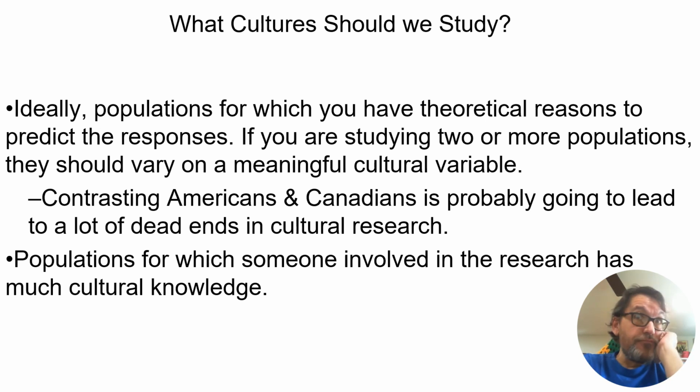And you want to grab populations that you have a reason to believe there should be a difference, not just "what if" research. And on top of that, you ought to have at least somebody on your research team that has some pretty intimate familiarity with the culture and how the culture works.